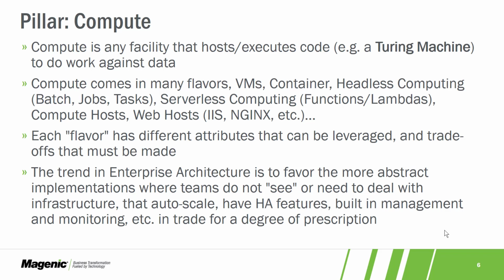Most of us who are developers, we write code to compute things. And so, VMs, containers, headless computing, serverless computing, any manner of compute host, these things are all part of the compute infrastructure, and each variation has its pros and cons and its use cases. And I say use cases because that's probably the most important way to think about where our compute is going to go. Right?